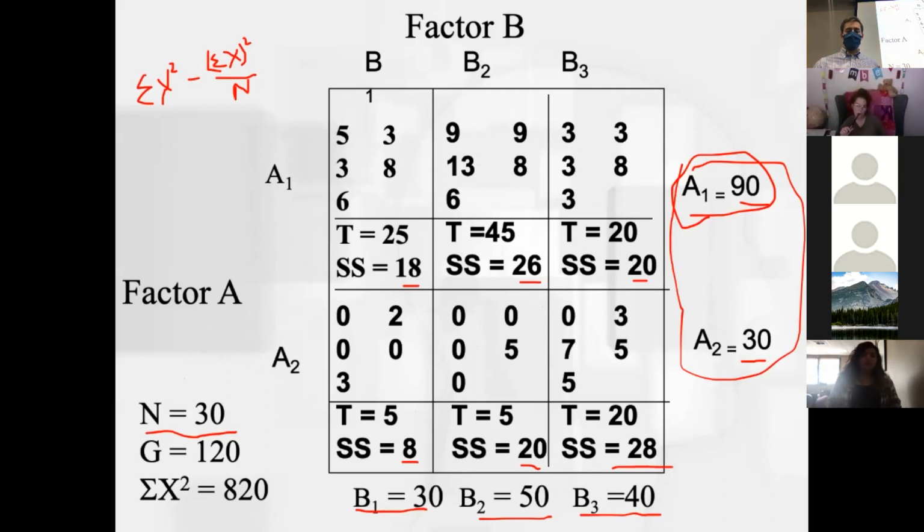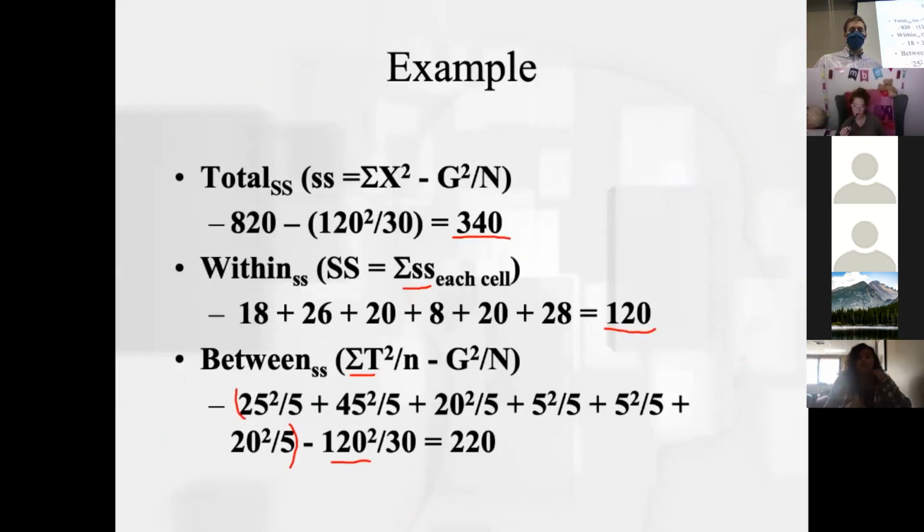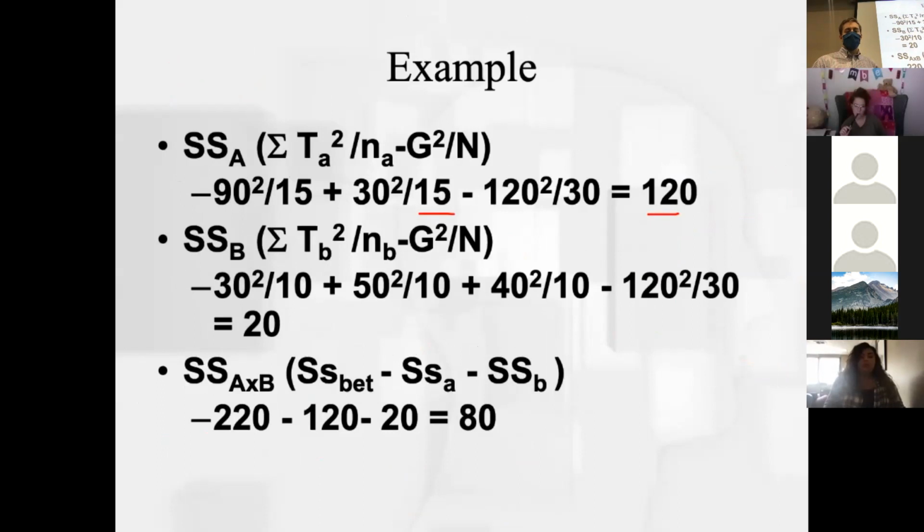That's 5 and 5. Plus 40 squared divided by 10. Minus again that G squared divided by 30. Gives us 20.